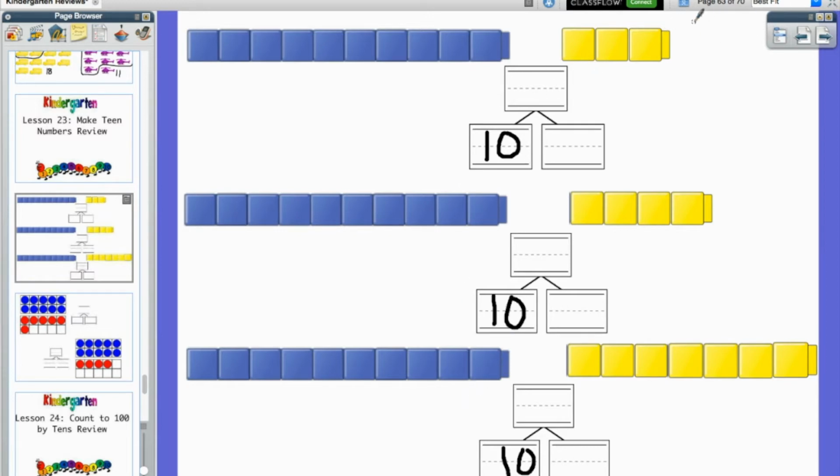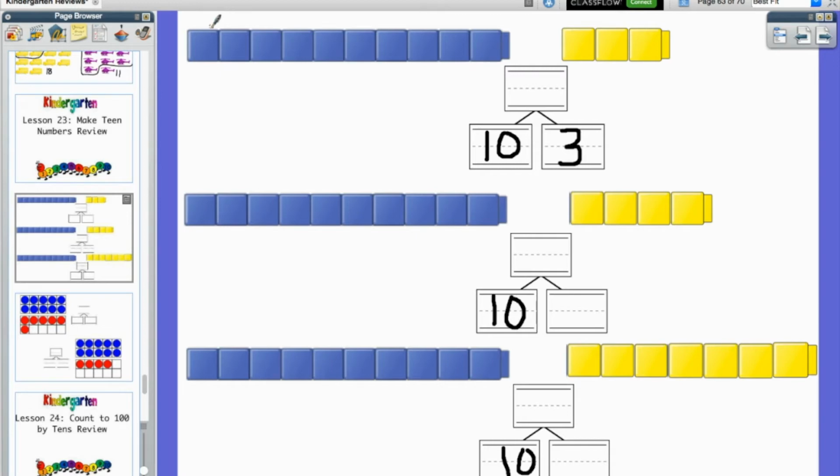So let's count our yellow ones. We have 10 up here. How many yellow ones do we have? We have 1, 2, 3. So I'm going to write down the number 3 in my part whole model. I have 10 and 3 ones. What teen number is 10 and 3 ones?